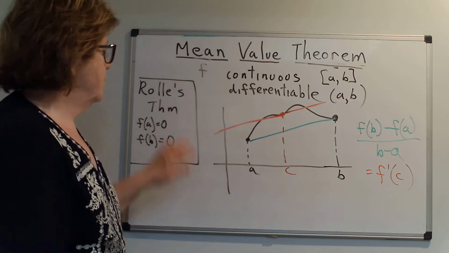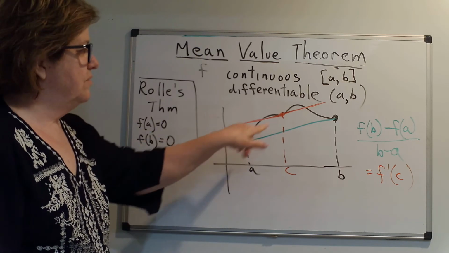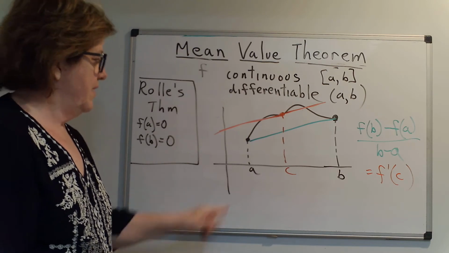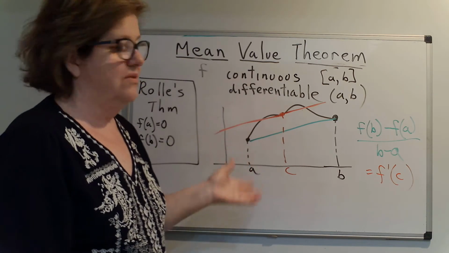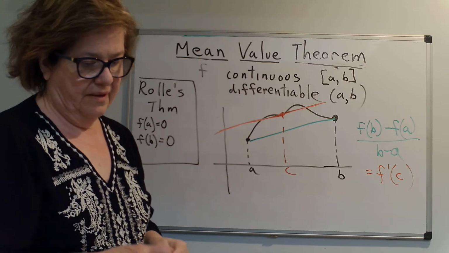Okay, so in Rolle's theorem it puts another condition on the values of f at a and f at b, and they have to be 0. But it's really just a special application of the mean value theorem.